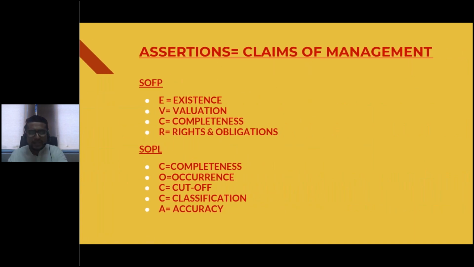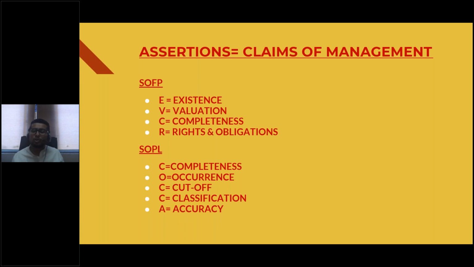Okay, so this is, I think, clear that we all are trying to apply AEIOU. But the question is, why do we need to apply AEIOU? We need to apply AEIOU because we want to be sure that the financial statements are expressing a true and fair view.